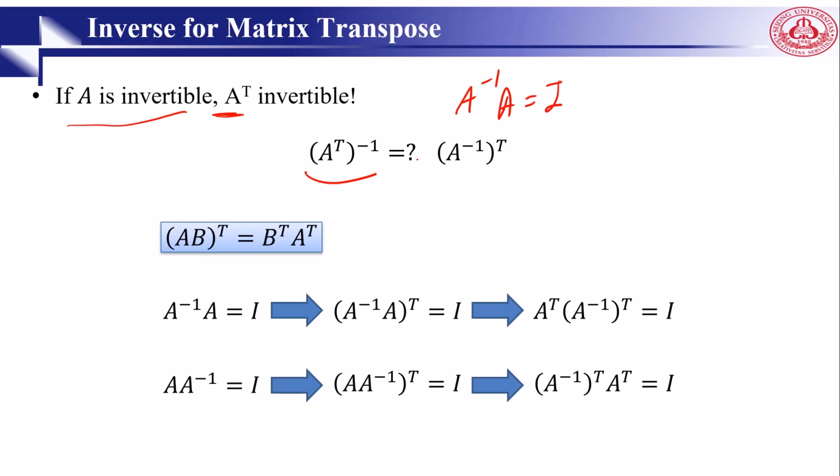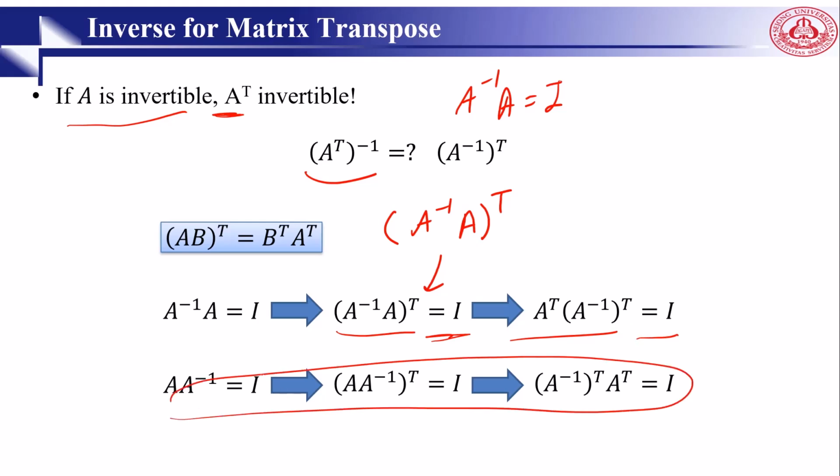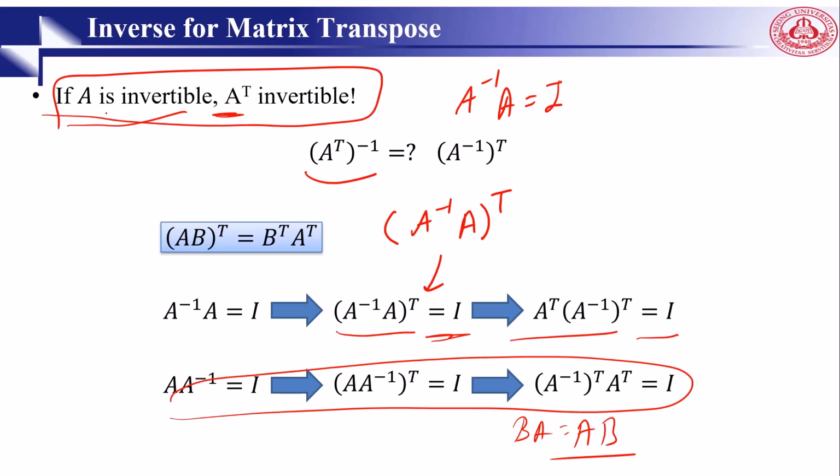So if we say A inverse multiplied by A, and take the transpose, we get the transpose of the multiplication of a matrix and its inverse, still an identity matrix. And in this case, if we multiply the transpose of a matrix by the transpose of its inverse, still we get an identity matrix. The next line, in here, you can see, is changing the order of multiplication because we want to check always AB is equal to BA. So we can conclude that if a matrix is invertible, its transpose is also invertible.